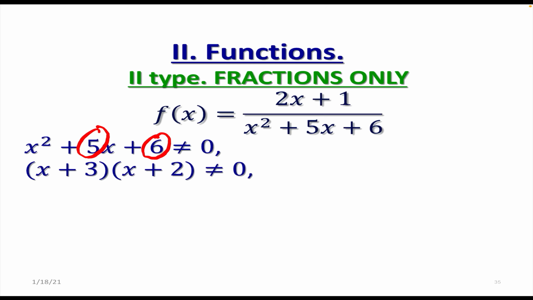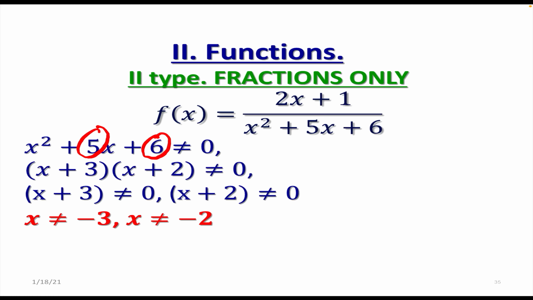Just set each factor not equal to 0 and solve them separately. So x plus 3 is not equal to 0 and x plus 2 is not equal to 0. So x is not equal to negative 3, and x is not equal to negative 2.